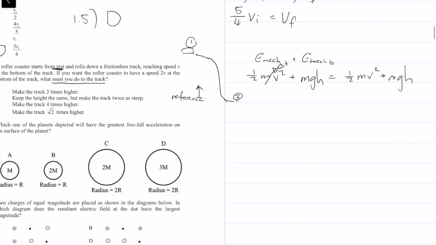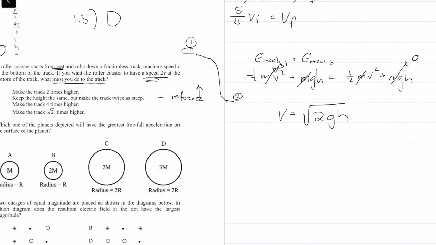But at the bottom, because I've taken the bottom as my reference point, this h goes to 0 and that term goes to 0. So a couple things cancel, the m's cancel, so if we solve for v, I'm specifically solving for v because I want to relate things to speed. So v for scenario 1 is going to be equal to the square root of 2gh.